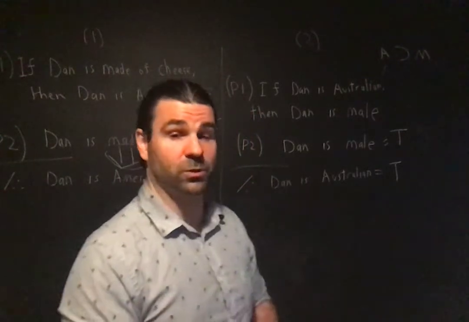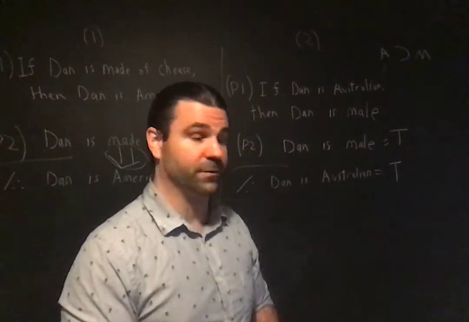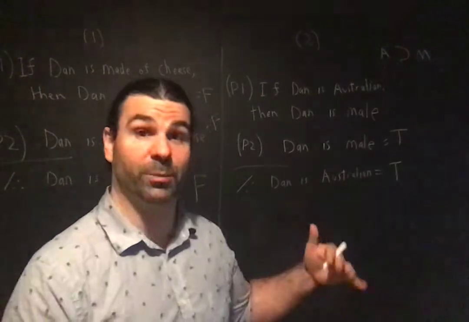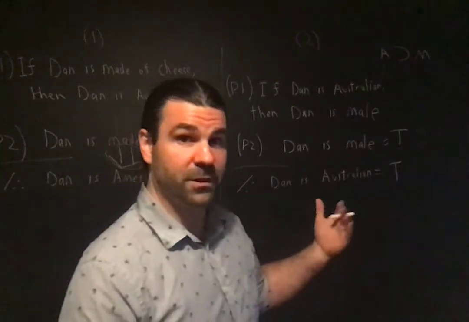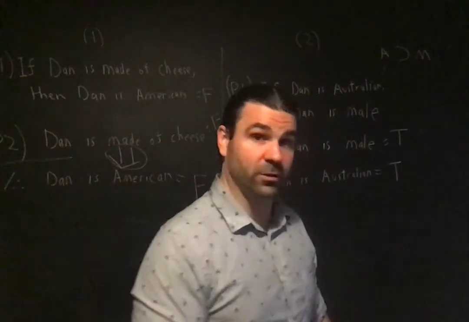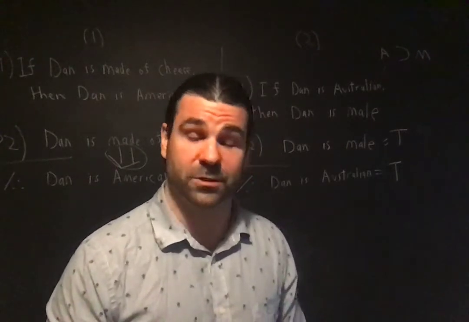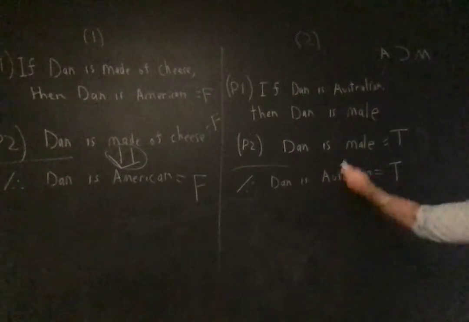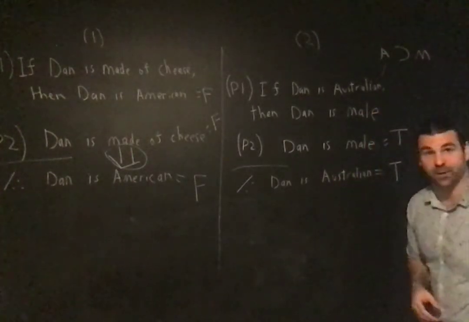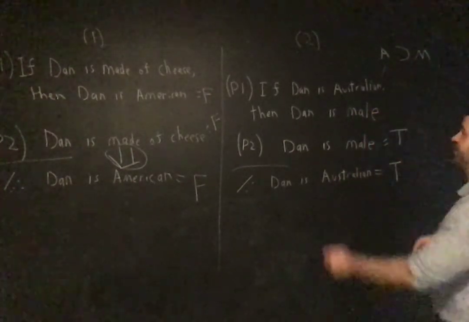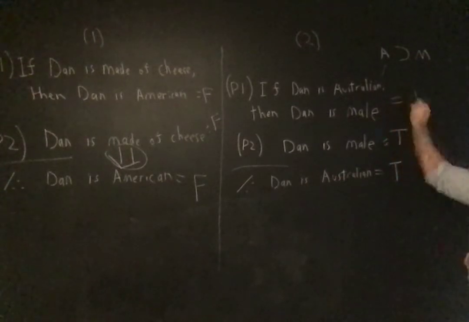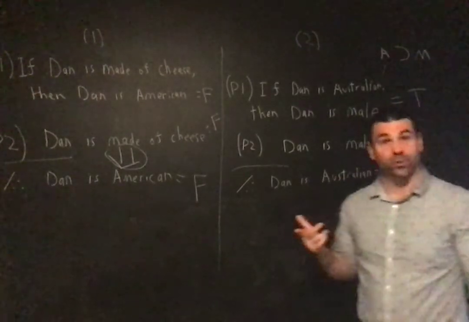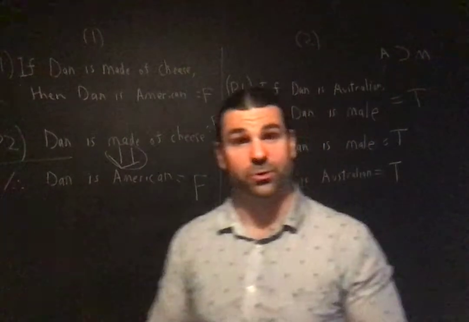If the consequent of a conditional is true, then no matter what, we're going to say that's enough, that suffices for making the conditional true. We're reading about that in a later unit. So here, because I am male, it's enough for if Dan is Australian, then Dan is male. So the truth values are, both premises are true, the conclusion is also true.